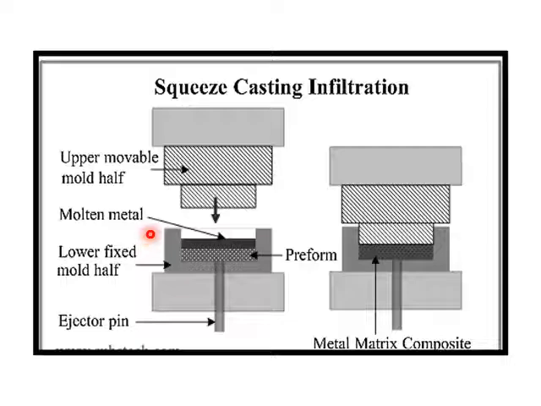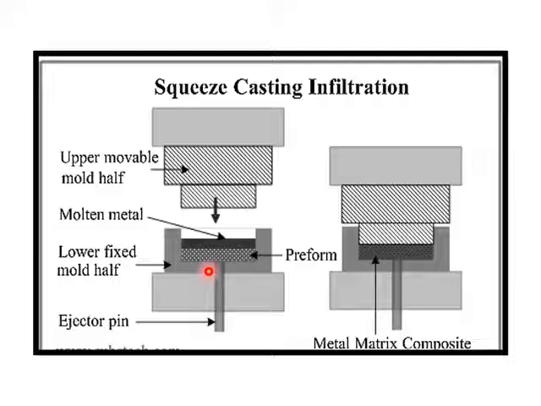Above that, molten matrix material is poured. Then the upper movable part is placed over the lower fixed part in order to apply the pressure with the help of a hydraulic press.